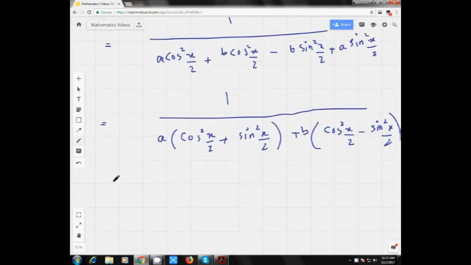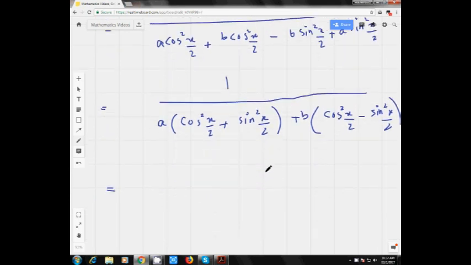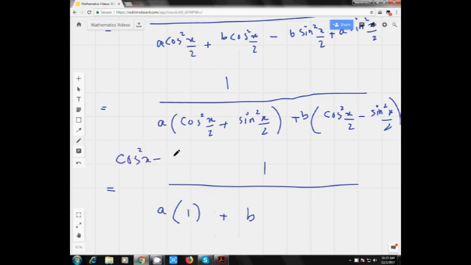Next, everyone knows that sine square theta plus cos square theta is equal to 1. Therefore, cos square x by 2 plus sine square x by 2, it is also 1, plus b, and everyone also knows that cos square x minus sine square x, it is equal to cos 2x.